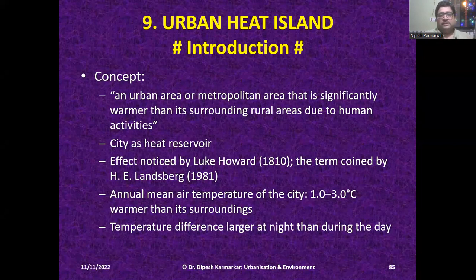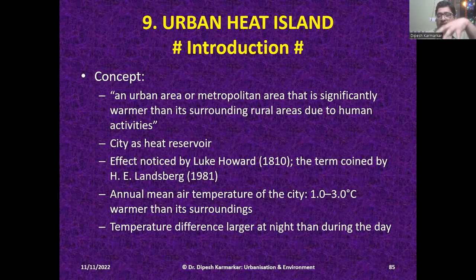So cities are a kind of reservoir of heat. A lot of heat is trapped and stored in the cities because of various reasons that we'll talk about. Because of that, the temperature in urban areas remains relatively higher compared to the surrounding rural areas.